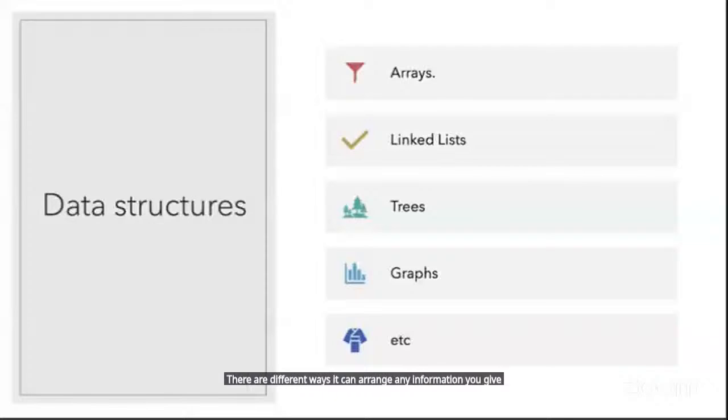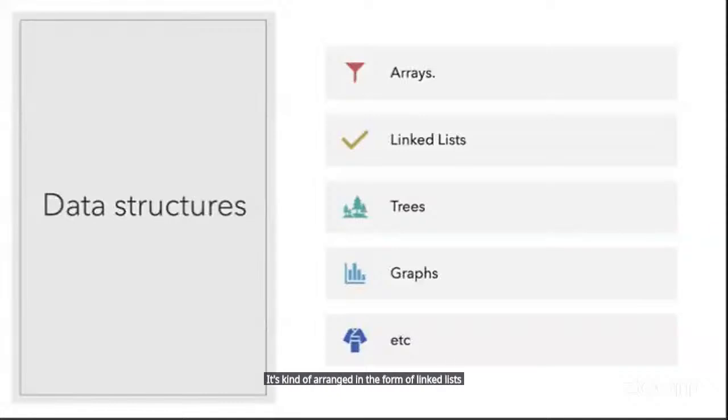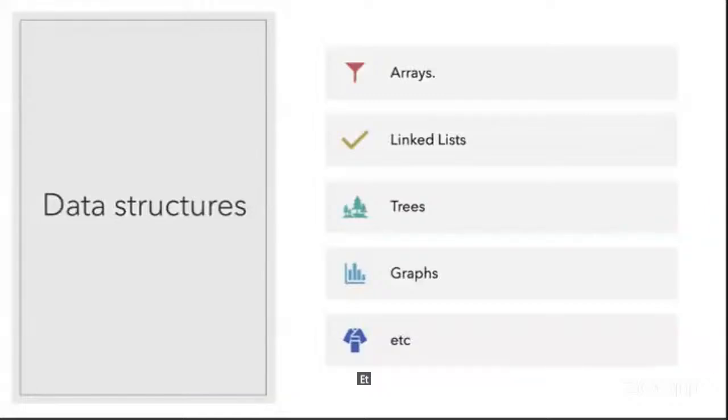It can arrange it in the form of an array. It can arrange it in the form of a linked list. It can arrange it in the form of trees. It can arrange them in the form of graphs. There are many other ways, hash tables, etc. So all these you are seeing on the screen are called data structures.